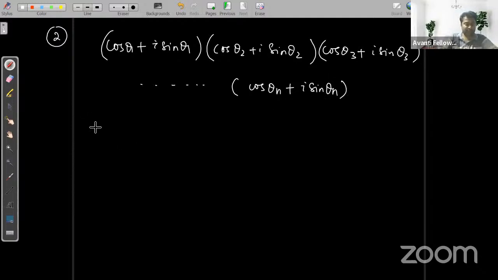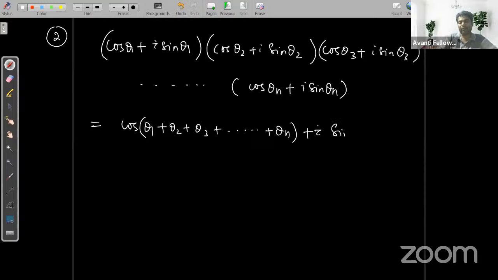That can be expressed as cos(θ1 + θ2 + θ3 + ... + θn) + i sin(θ1 + θ2 + θ3 + ... + θn). Okay, clear?